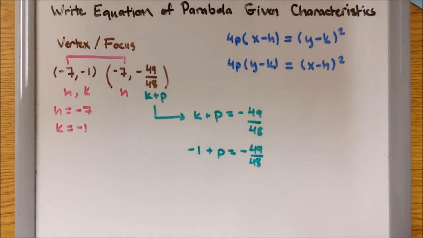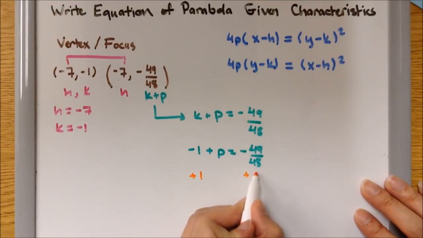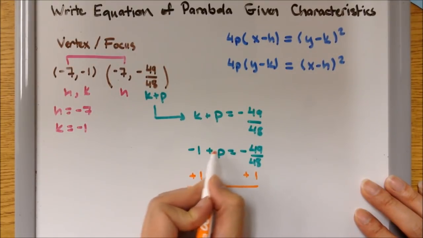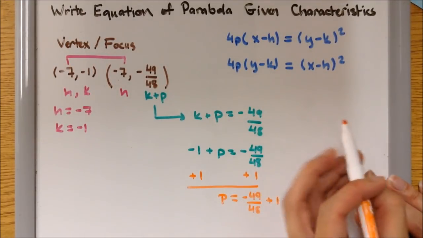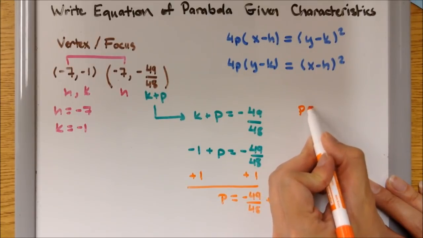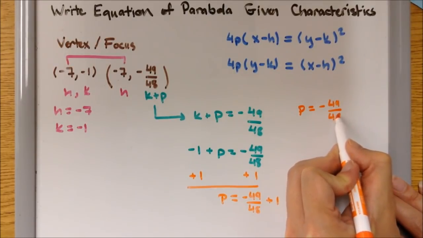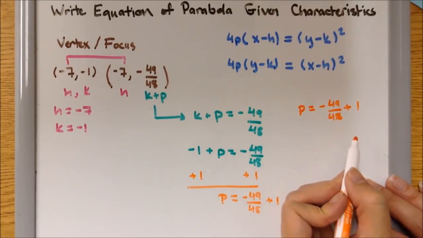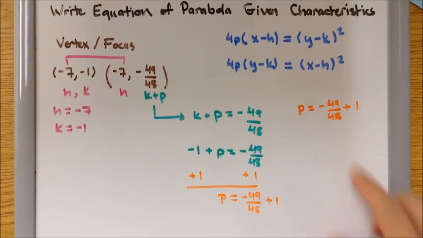So from there, in order to solve for p, I'm going to cancel out the negative 1. So I'm going to add 1 on the left, add 1 on the right. So it's a positive p equal to negative 49 over 48 plus 1. So p equals negative 49 over 48 plus 1. Now, I'm going to change this 1 into a fraction with a common denominator of 48.